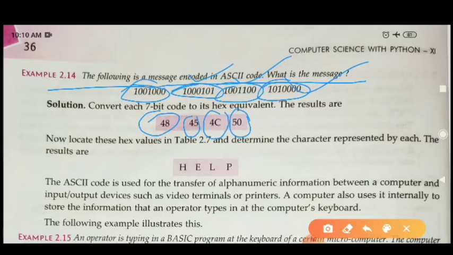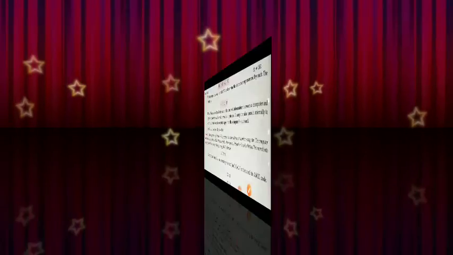So we will find that it is HELP. So in this way, whatever character or data we type inside the computer is understood after converting into binary digits. And this is the way by which data is represented inside the computer.